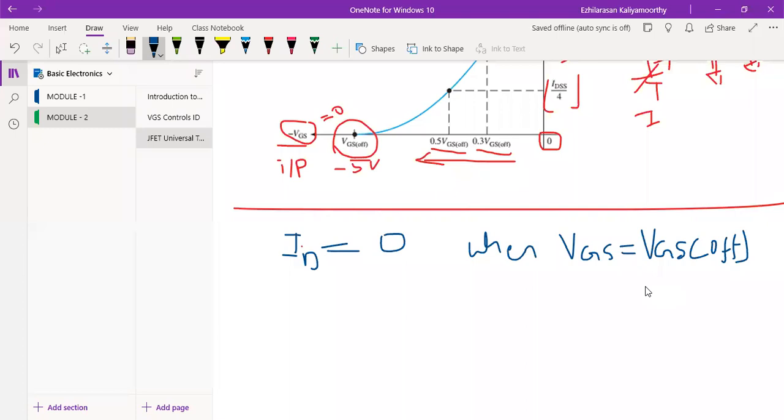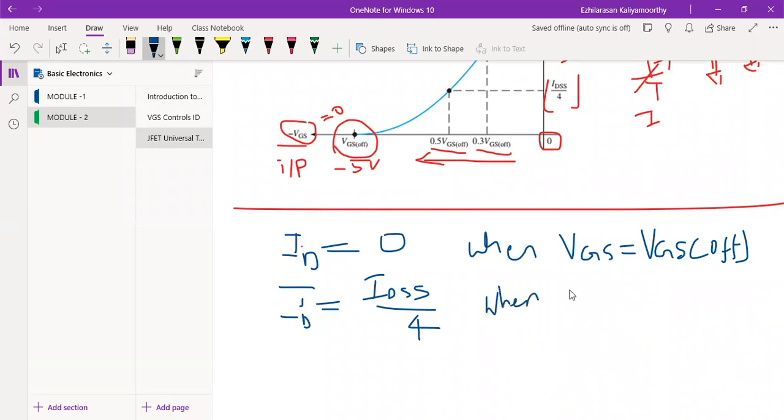Means your input voltage reaches the maximum voltage, that is VGS off, or I can call it the saturation voltage, that is the pinch off voltage. That is why we can say VGS off is the pinch off voltage. And ID will be equal to IDSS. You should know IDSS is the maximum current.